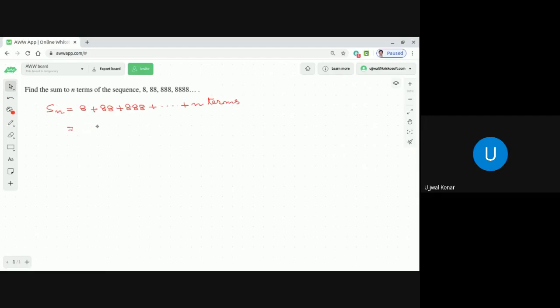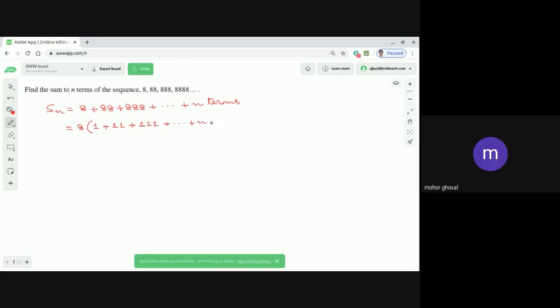To make it simpler, let me take 8 common first. If I take 8 common, then what do I get, dear students? 1 plus 11 plus 111, and so on. Correct or not? Yes. In that way, up to n terms.